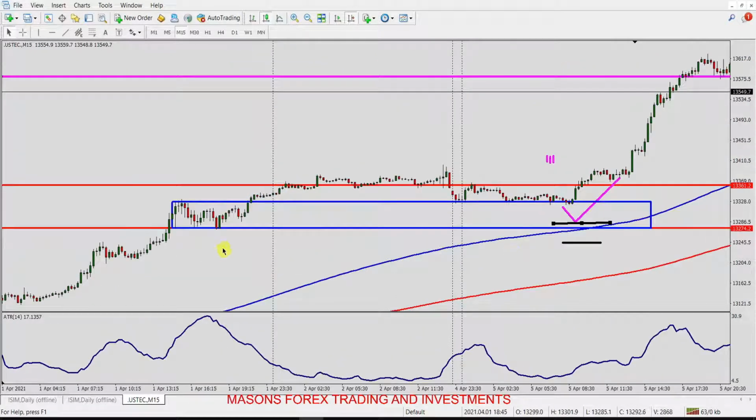It was just to give one a potential clue, because we have this previous structure here and a stop loss below it made an ideal example.